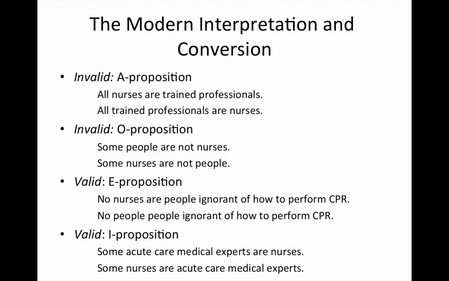So pause and read through each of these and see if you grasp how it is that the conversion move is not valid for A and O propositions, but is valid for E and I propositions. And then when you're ready, let's move on.